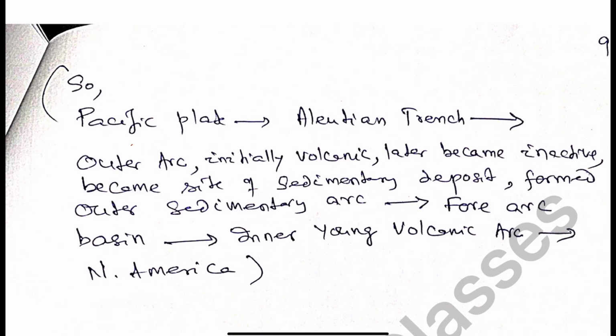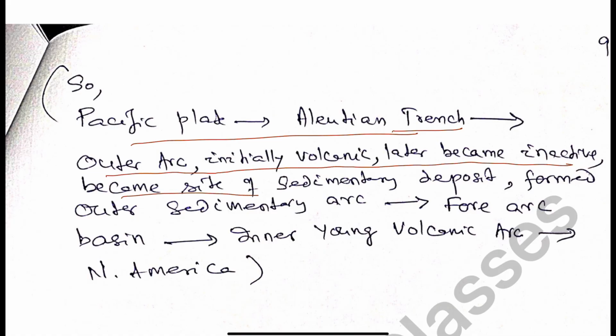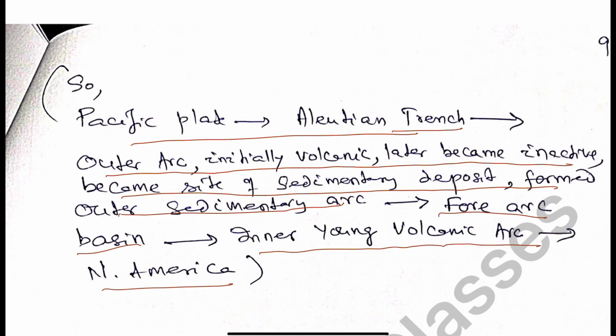This has been explained: the Pacific plate, then followed by the Aleutian trench, then the outer arc, initially volcanic, later becoming inactive, a site of sedimentary deposit, forming a sedimentary arc. Then the forearc basin, followed by the inner young volcanic arc towards North America. So this is the formation of the island arc, the double island arc.